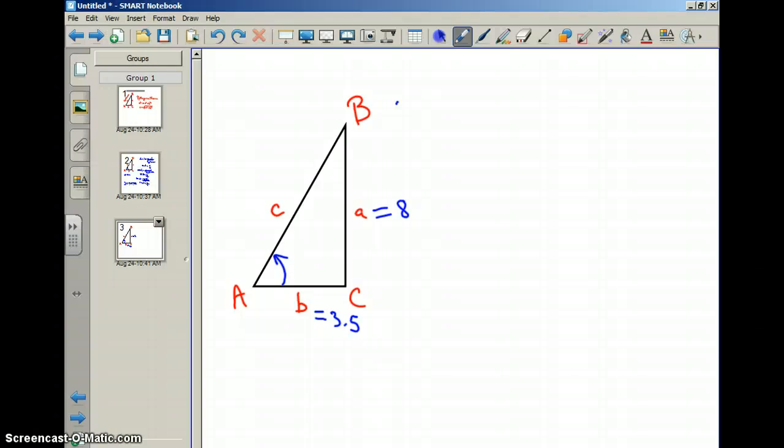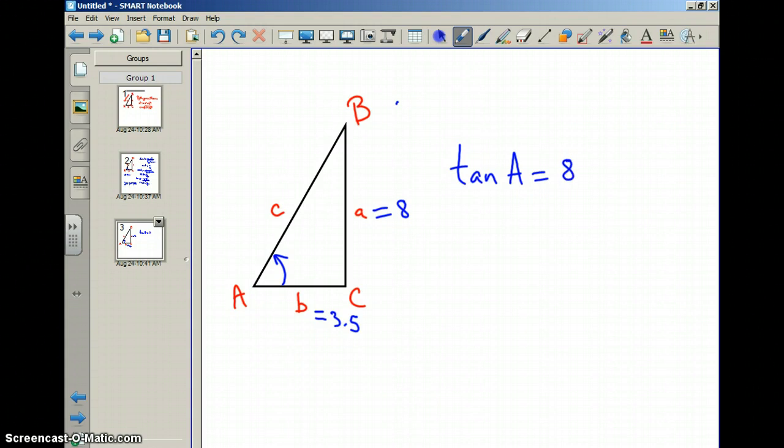But if the sides actually had lengths 8 and 3.5, and I were looking for angle A, then I could use the tangent function. We know the length of the opposite side, and we know the length of the adjacent side. So to find angle A, use tangent.